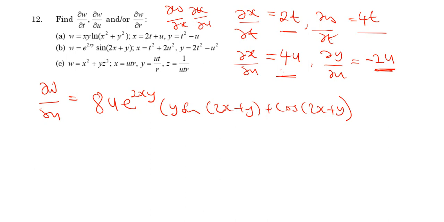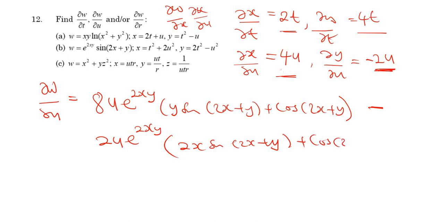So that is negative 2u e to the 2xy, with the 2x sine 2x plus y, plus the cos 2x plus y. So this is what I get.